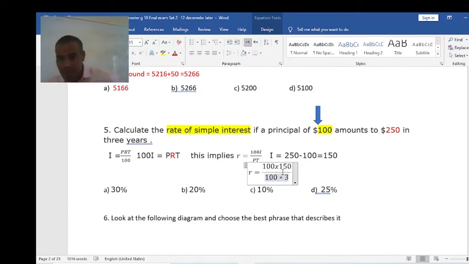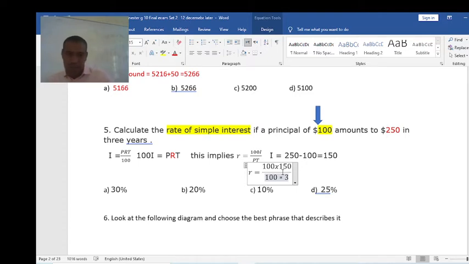Let me check again. We have 100 multiplied by 150 divided by 300.